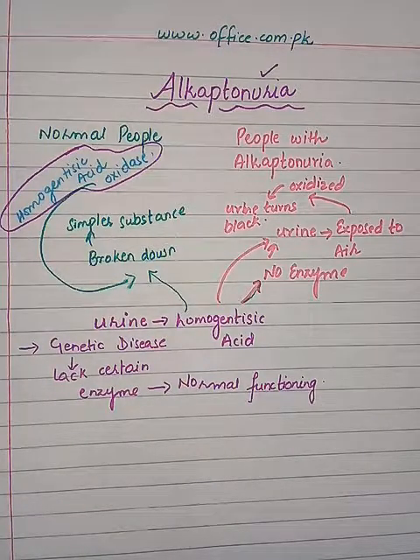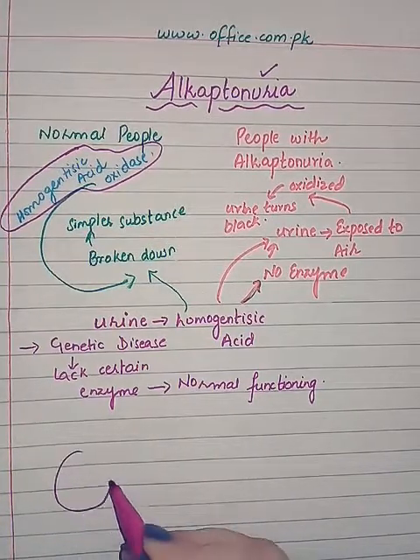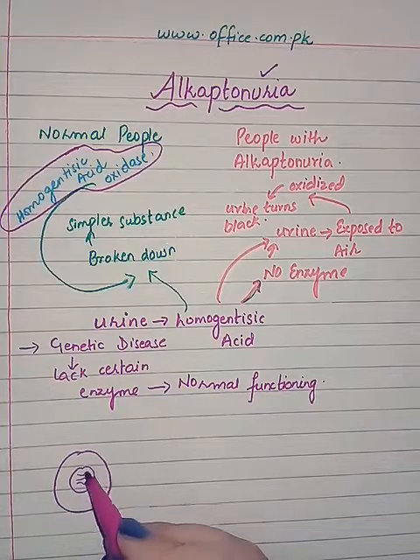So we can infer, or we can conclude from Garrod's finding, that the information which is encoded within the DNA acts to specify a particular enzyme. It means that here we have the cell, the nucleus, the chromosome.